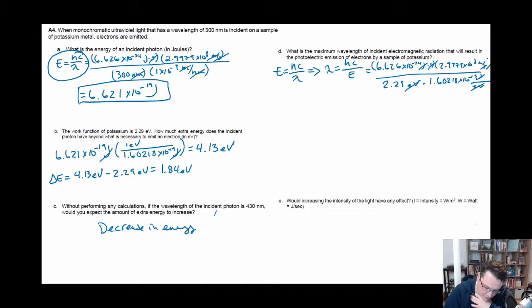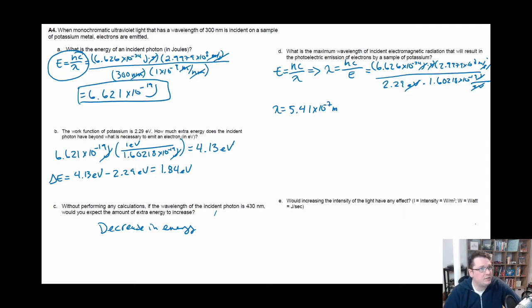So the wavelength is going to be equal to, we'll plug in all these numbers: 6.626 times 10 to the negative 34 times 2.9979 times 10 to the 8th, divided by 2.29 times 1.60218 times 10 to the negative 19, which gives us a wavelength of 5.41 times 10 to the negative 7 meters.